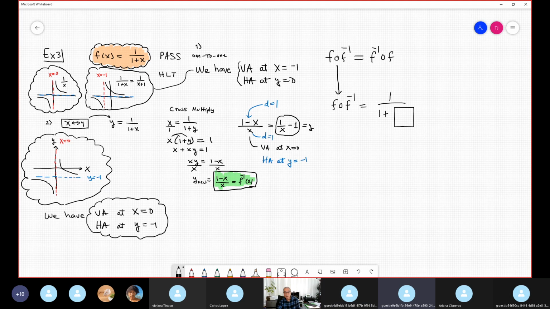You put a box in the place of x, and you replace x with this expression, 1 minus x divided by x. Do you understand what I'm doing? Hey, are you there? Yes. Okay, good. Now the rest is algebra.